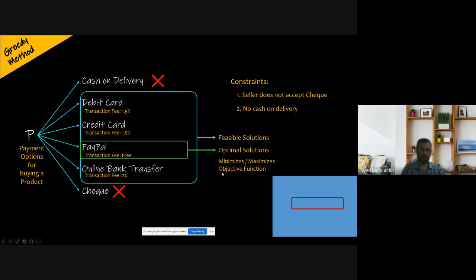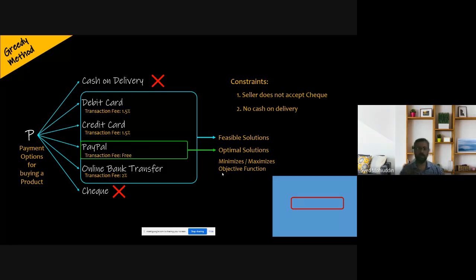My objective here is to make a payment which does not attract extra overhead or extra fees. That's my objective function. And here the problem is minimization. I want to minimize my payment amount. But an optimal solution is a solution which minimizes or even maximizes the objective function.